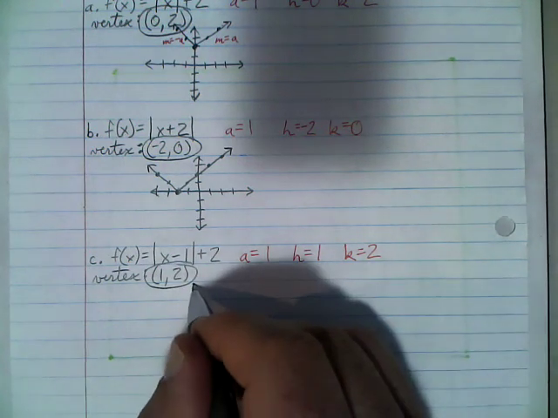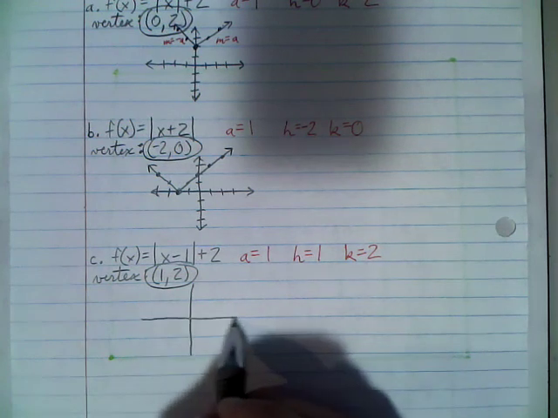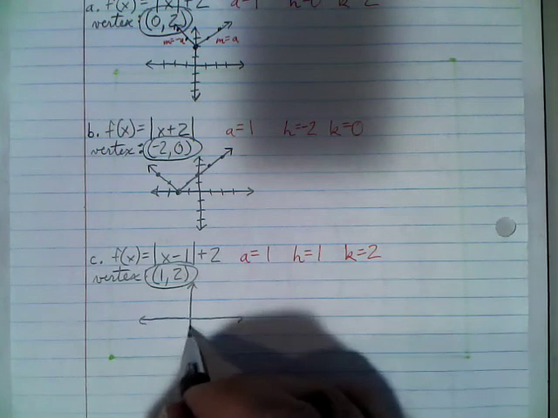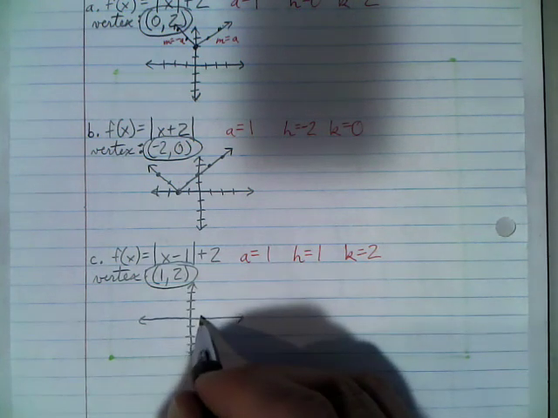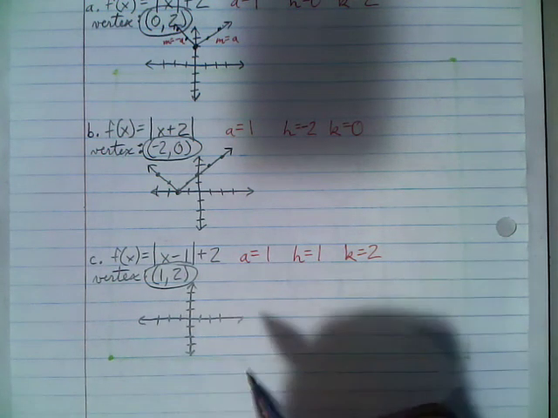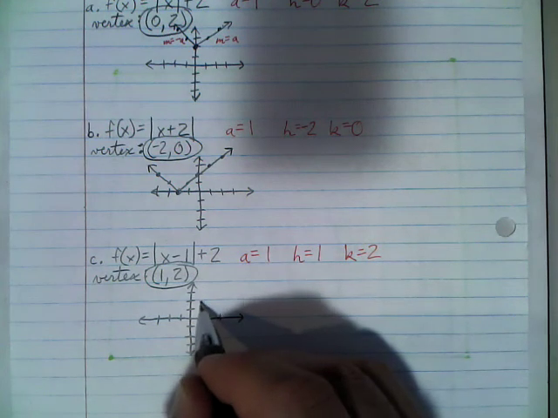So if I go ahead and graph this, so vertex at 1, 2.